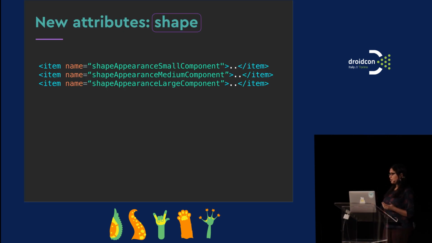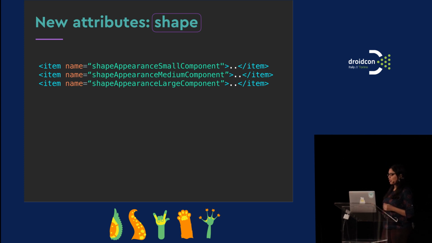There are some new attributes related to shape. And they are shape appearance small component, medium component, and large component. And small components are things like text input layouts and buttons. Medium component is card views and dialogs, and large component is like nav drawers.